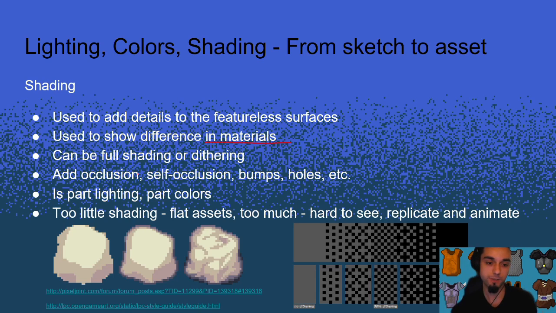Let's say if you want a more modern looking game, then you use full shading as we see here in the rocks. If we want to replicate something that is more from the 80s, when there were even fewer colors to work with, we can use dithering. Dithering is when you just mix and match color patterns to indicate, for example, different shades of gray, as we can see here.